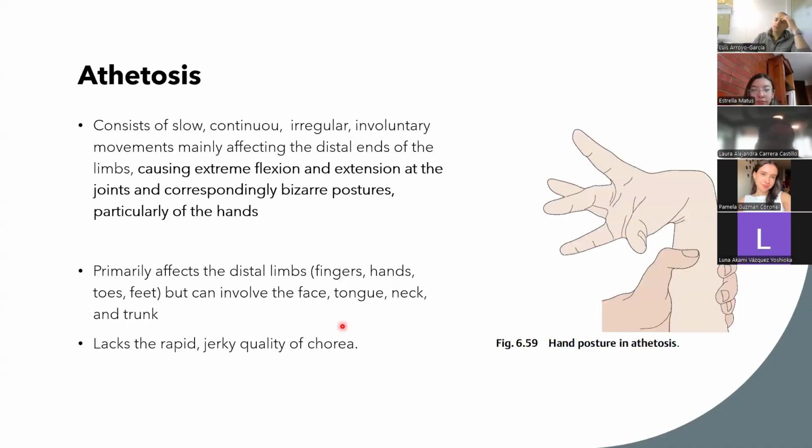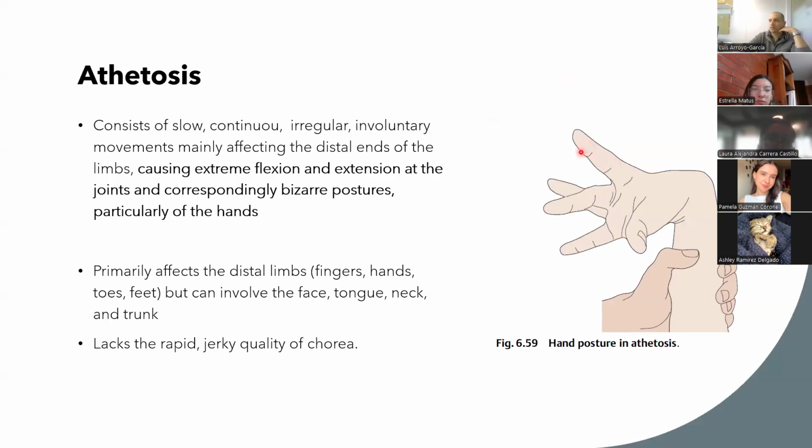So, for example, now we're going to athetosis. Athetosis is a bit different since you have slow, continuous, and irregular involuntary movements, just at the ends of the limbs, which cause an extreme flexion and extension of the joints. So this is what you can see here.